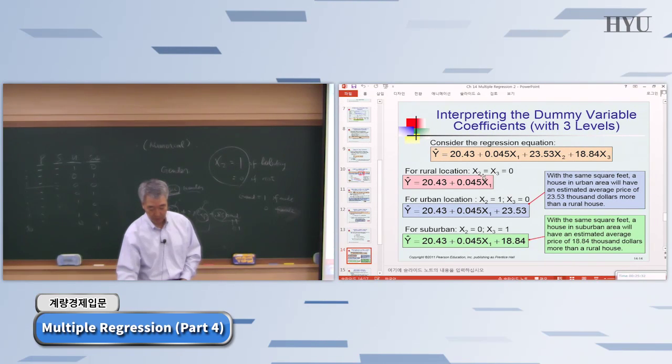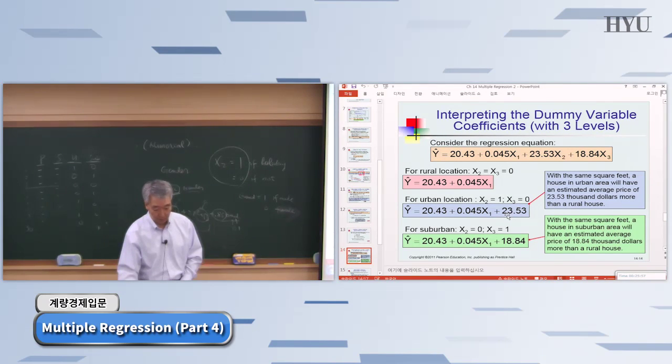So for the houses in a rural area, the equation becomes very simple: 20.43 plus 0.045 times x1, which is the size. For houses located in the urban area, x2 will be 1, x3 will be 0, so this term disappears, and the estimated equation becomes like that.